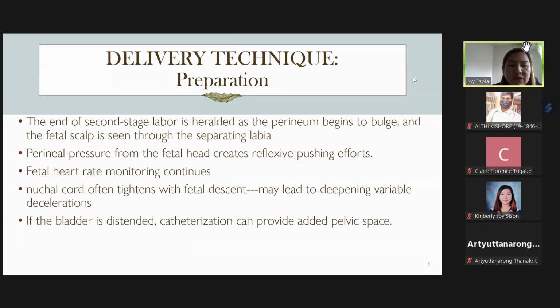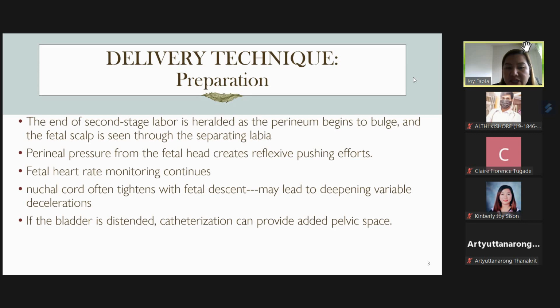So the first stage of labor is from the start of the labor or the start of cervical opening, which is usually at the active stage of labor, up to full cervical dilatation. And then the second stage of labor is from full cervical dilatation up to delivery of the baby. And then the third stage of labor is the placental delivery.